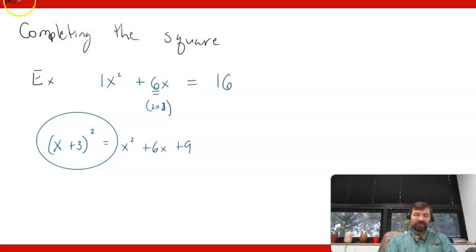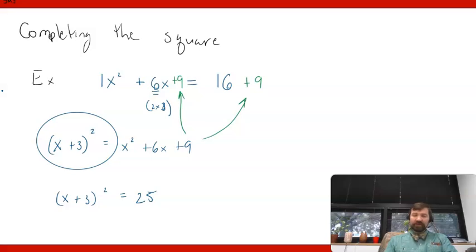So what I have to do is add 9 to both sides. Let's do that in a different color just to be clear that we're adding 9 to both sides in order to complete the square. So there's a plus 9 here, and therefore I have to add a plus 9 over to this side. Okay, well, that means I now have x plus 3 squared is equal to 25.